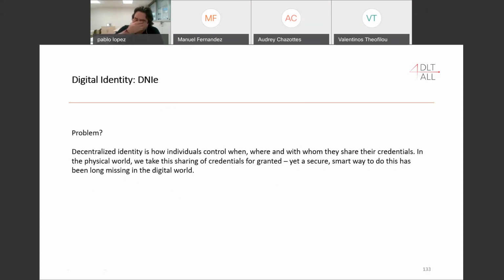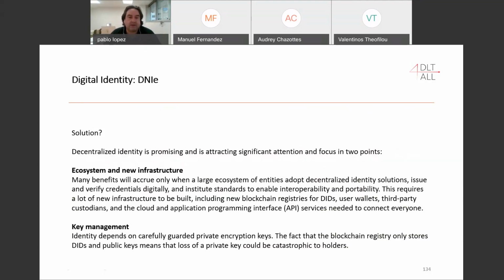In digital identity, we talk about a unique identity for each person, and then we collect data and attributes that form our identity. So the problem is similar, and the solution focuses on two points: ecosystem and new infrastructure.